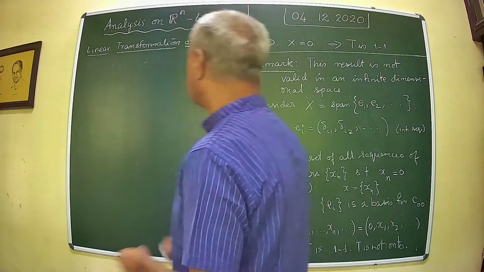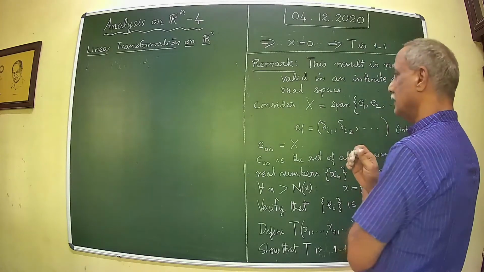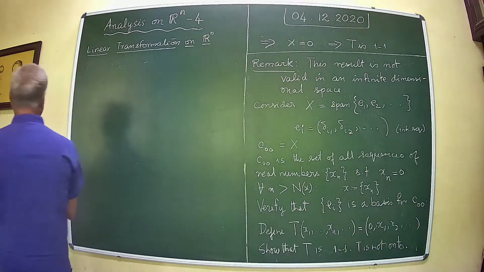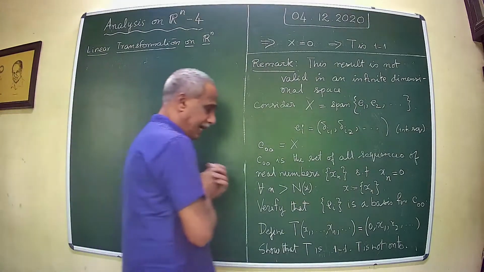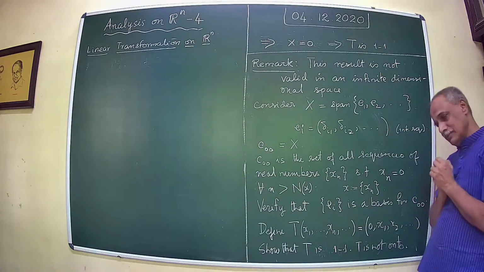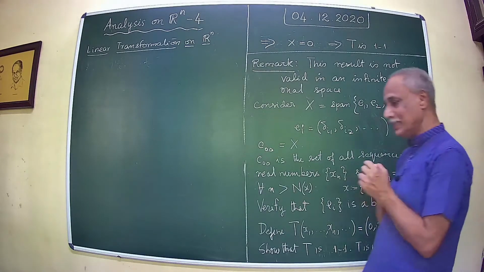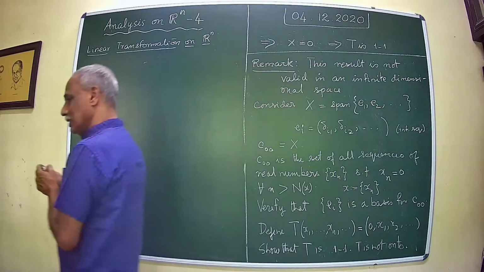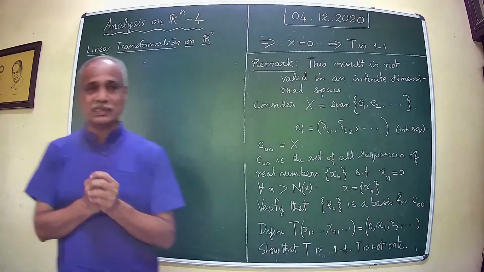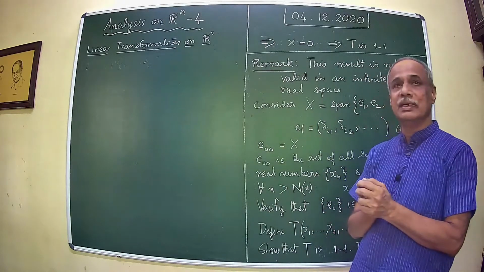Now you see one thing that you observe is that even if T is 1 to 1, onto, and T0 equals 0, or Tx equals 0 implies x equals 0, you cannot conclude that T is linear.